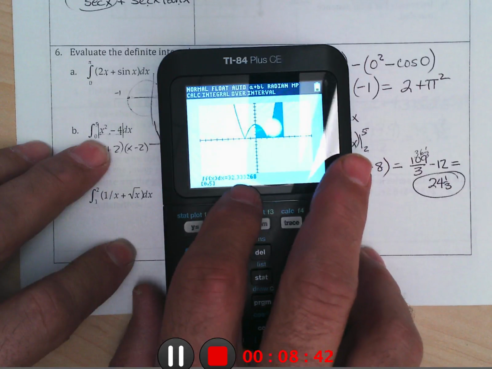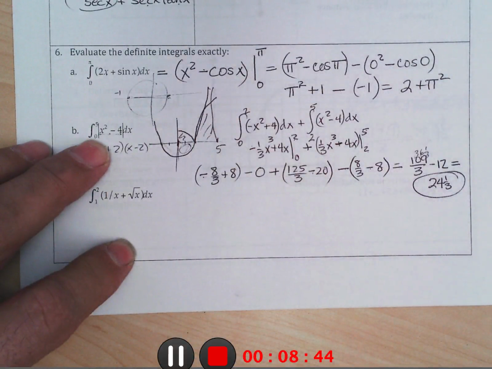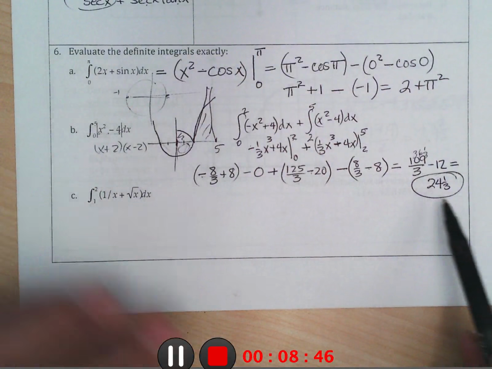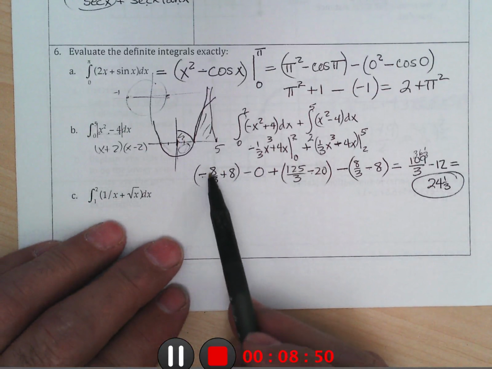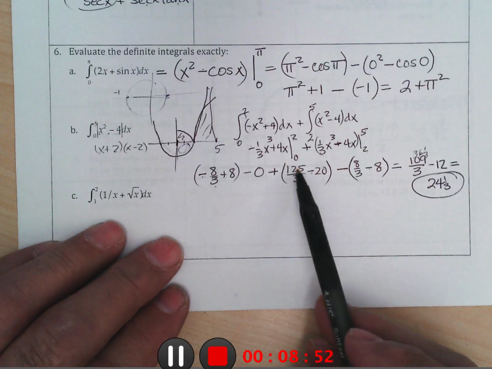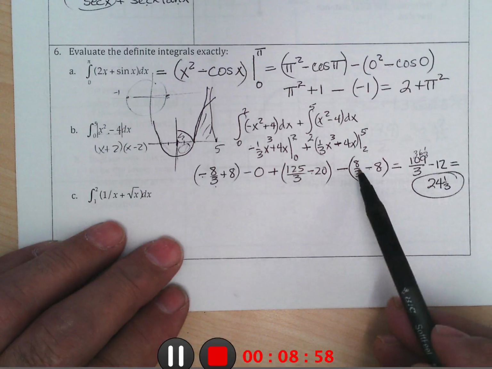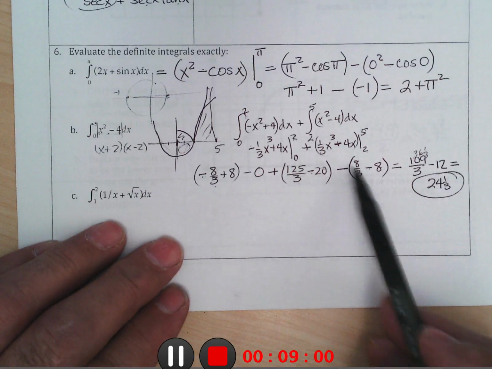So what did I do wrong? 32 1/3. So this is 125 over 3 minus 8 over 3.